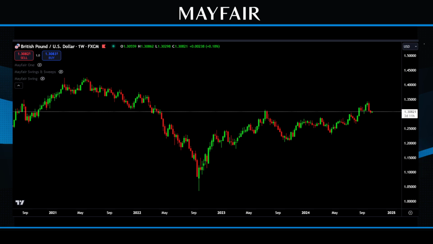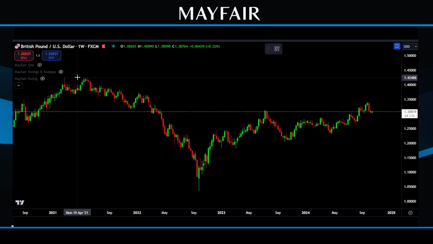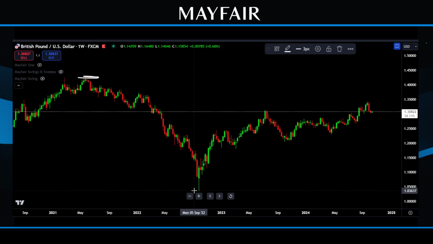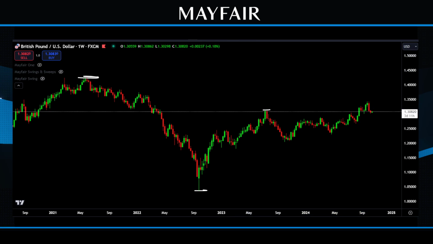Okay. So putting all that together, what I want to do is just show this, pretty straightforward, right? If we take a swing high and a swing low, right, we can come back. There was obviously a swing high there, but this has clearly created a new high, right? Now this works on any instrument, any tool. There's going to be some that are a lot cleaner than others, right?